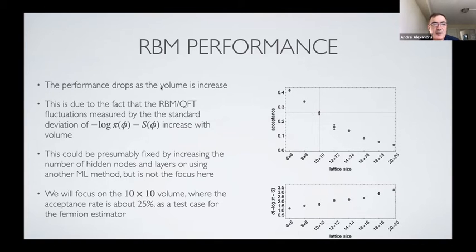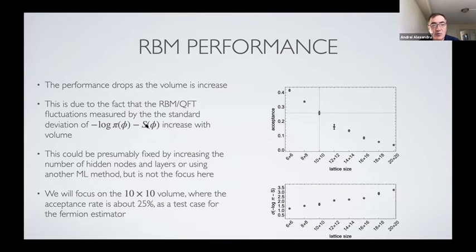I mentioned that the performance decreases with the volume of the lattice, and this can be understood quite well by looking at the tension between the RBM probability function and the QFT probability function.